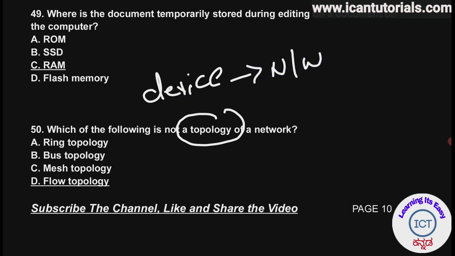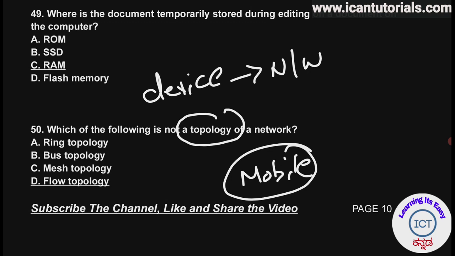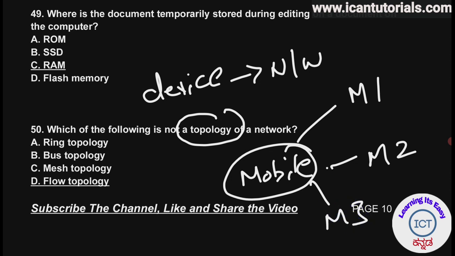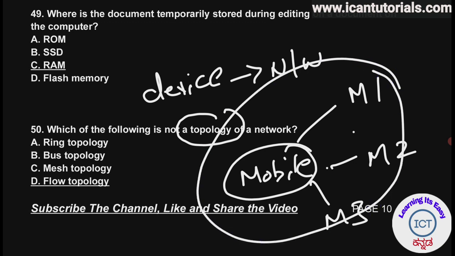Suppose I have a mobile, and my friends are going to share the Wi-Fi of my mobile: mobile 1, mobile 2, mobile 3. This is called a network. How these devices are connected to the network is called the topology.